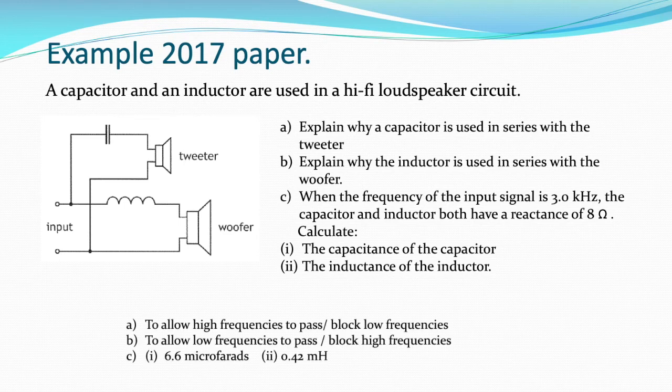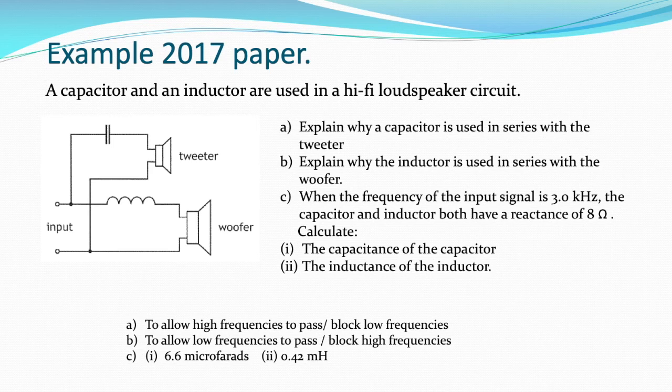So part A, it allows high frequencies to pass to the tweeter and blocks low frequencies. Part B, your inductor is used with a woofer to allow low frequencies to pass to the woofer and blocks high frequencies. In part C, you would use your capacitive reactance relationship, XC equals 1 over 2 pi FC, and rearrange it to find C, the capacitance of the capacitor.